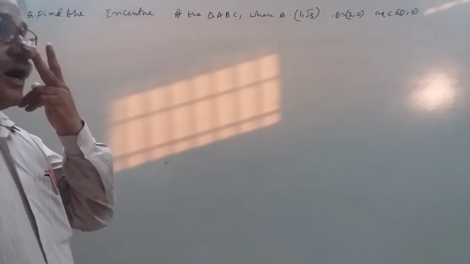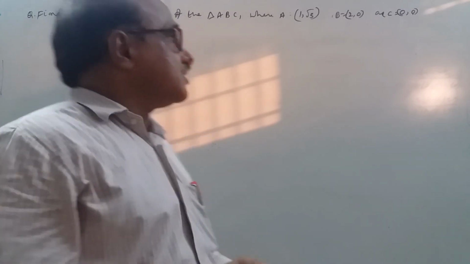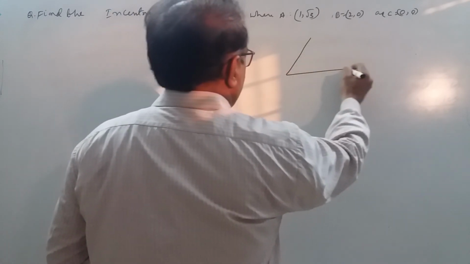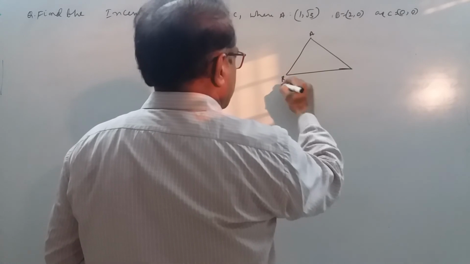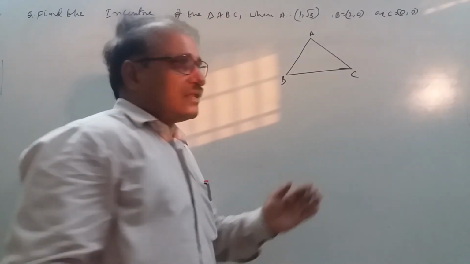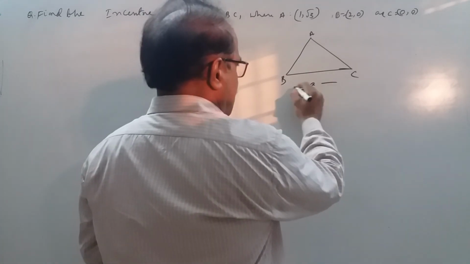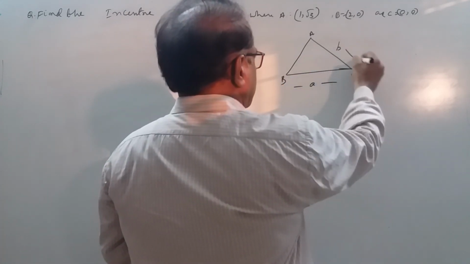Here, how to find incenter? That first we have to discuss. If there is a triangle with vertices A, B and C, the opposite side of A is known as small a. Opposite B is small b.